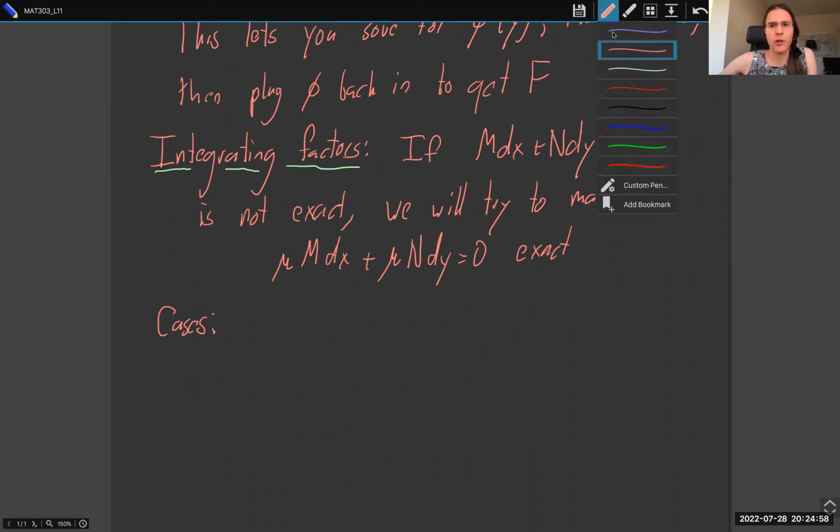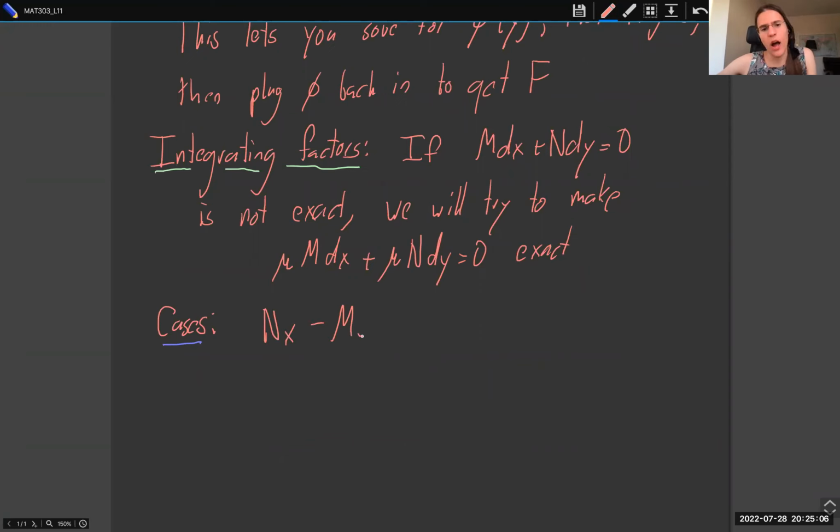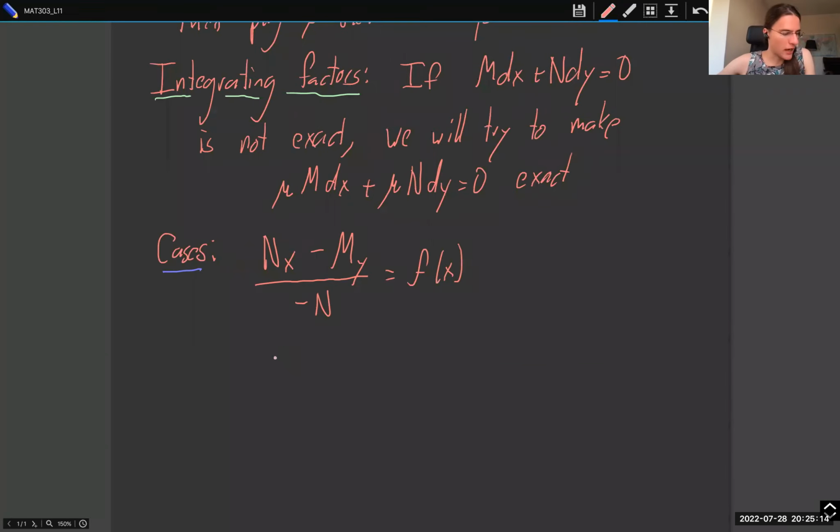And we covered the following 3 cases. We covered the case that (N_x minus M_y) divided by negative N was a function of x alone. We covered the case when (N_x minus M_y) over M was a function of y alone.